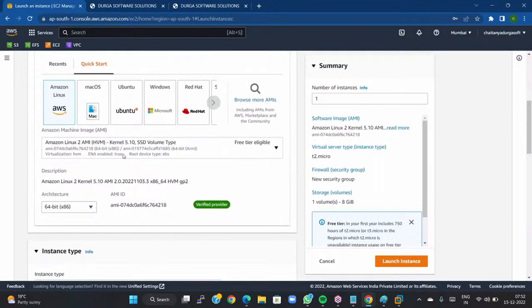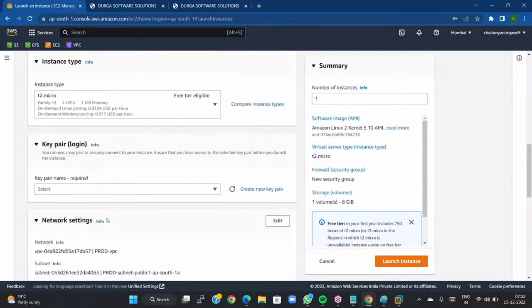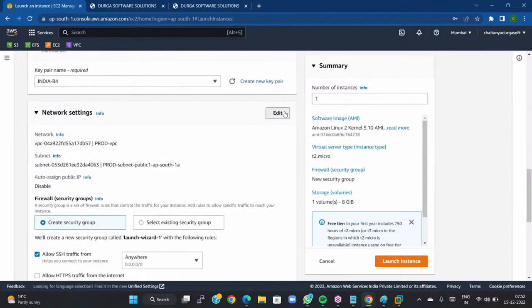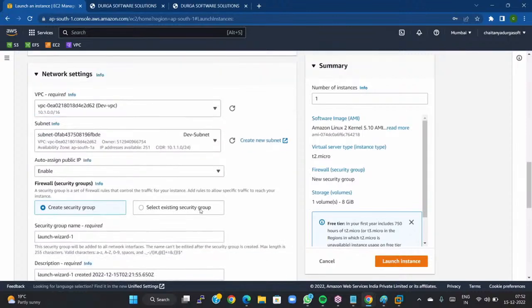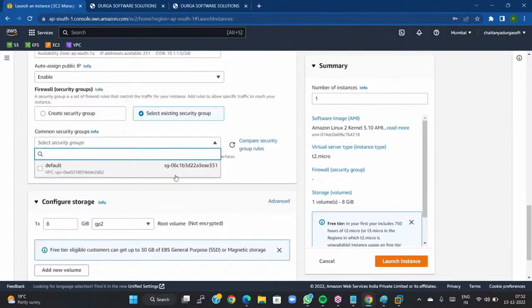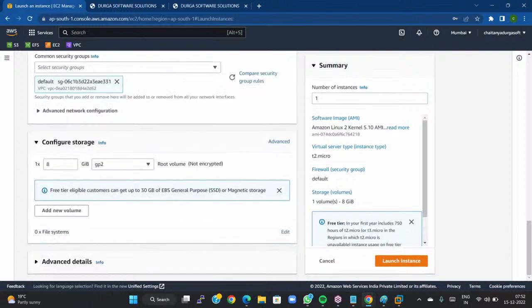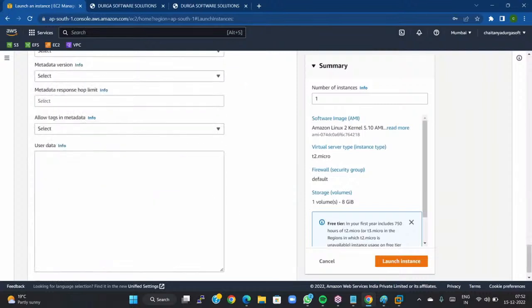You will learn about all these options in later sessions, but just concentrate on what I am saying. The key pair will be AWS India B4, the VPC will be dev VPC, then select an existing security group, and in the advanced details I will provide the data here.